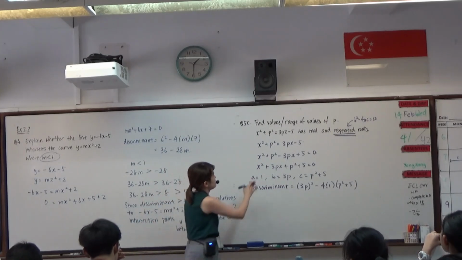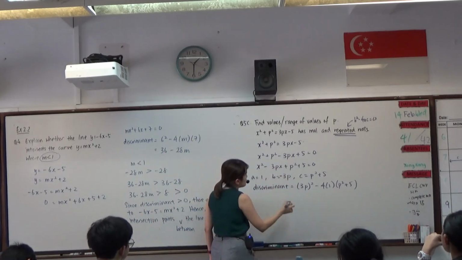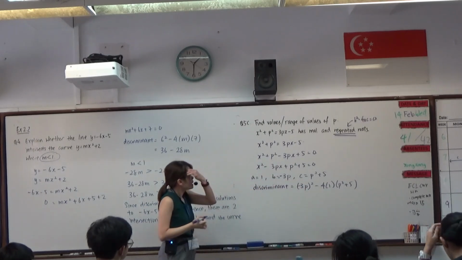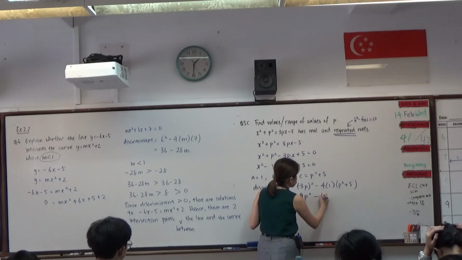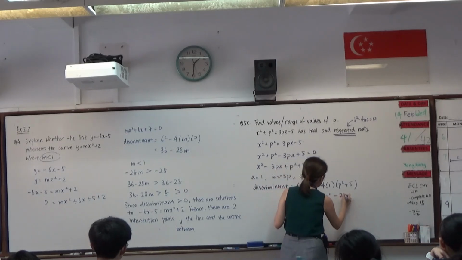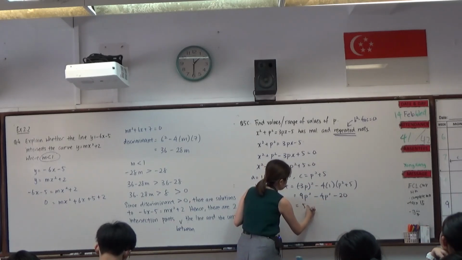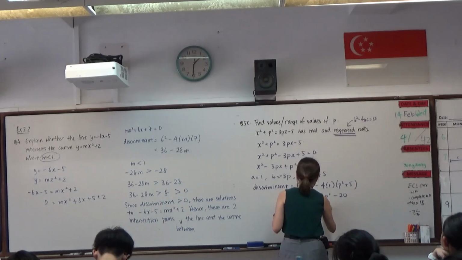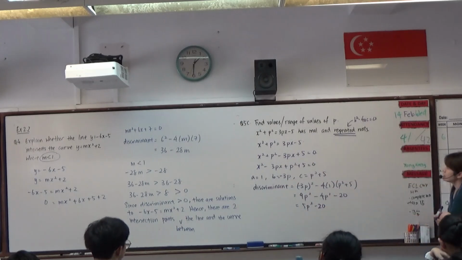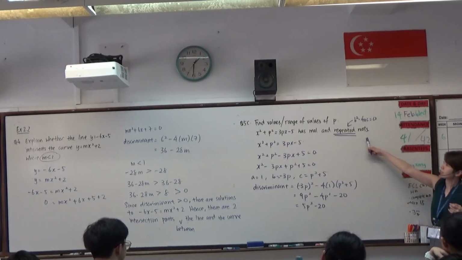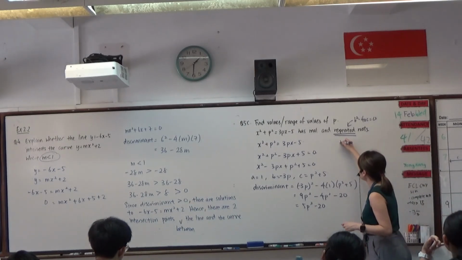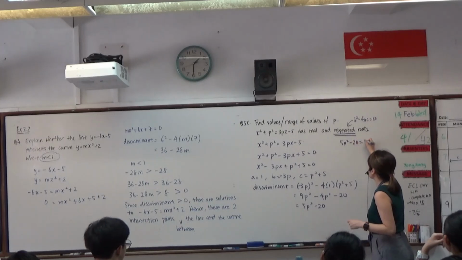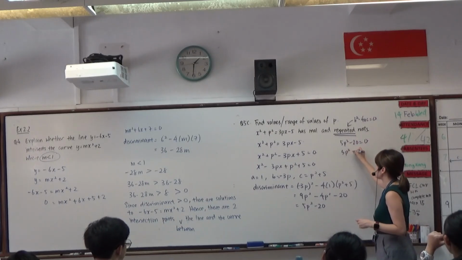Oh, minus, thank you. That will give us 9p squared minus 4p squared minus 20, which results in 5p squared minus 20. Because the question has told us that there are real and repeated roots already, your discriminant will be equal to 0, hence we can solve it.